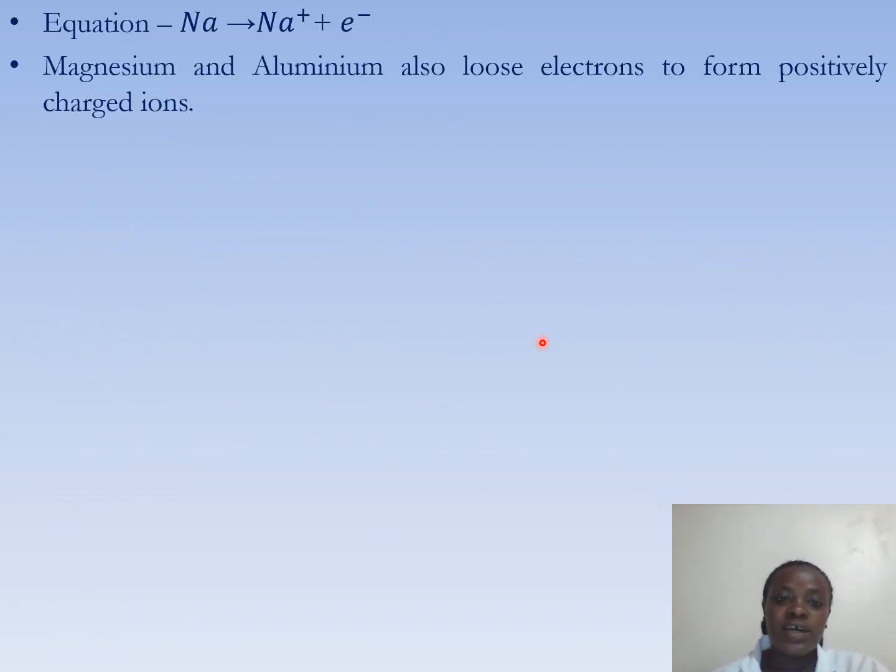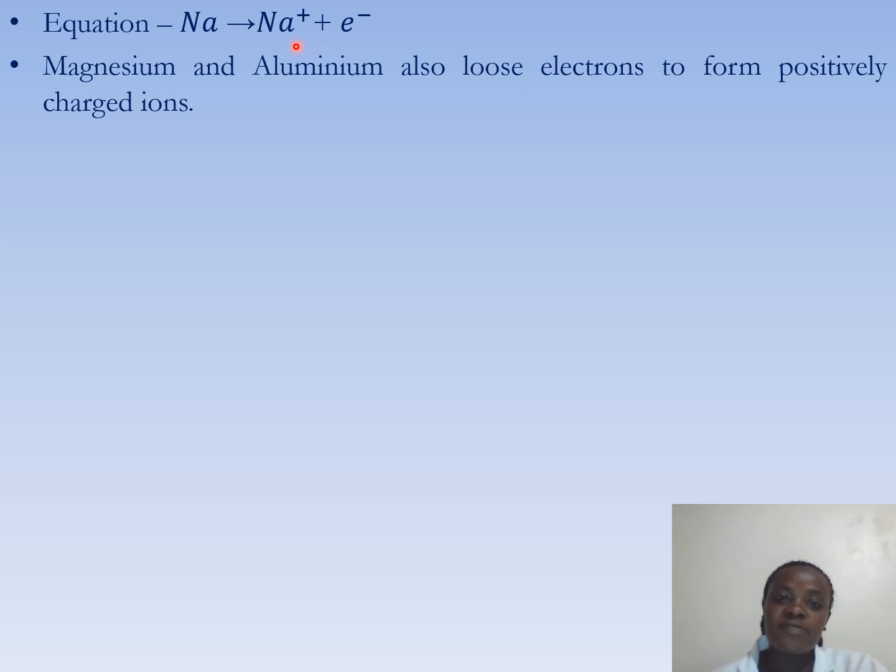In our next slide, we are going to see the equation. This is the equation where the sodium atom loses one electron to form the sodium ion. This is the sodium atom. To form the ion it loses one electron.